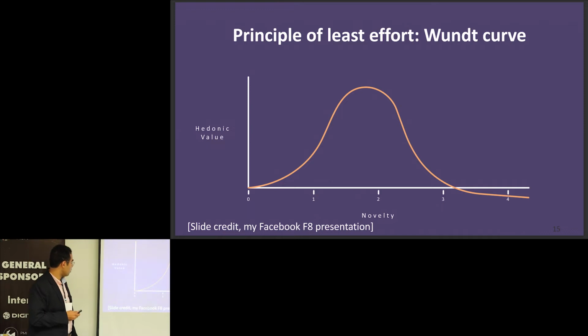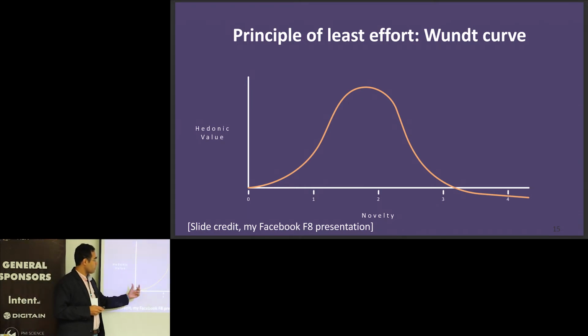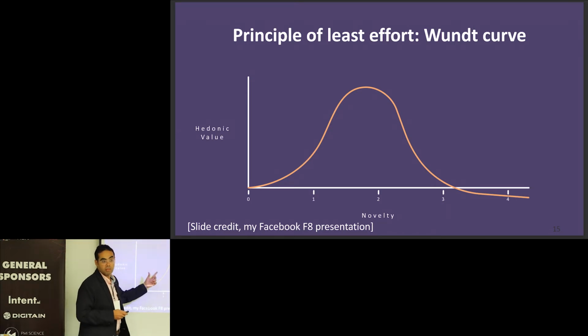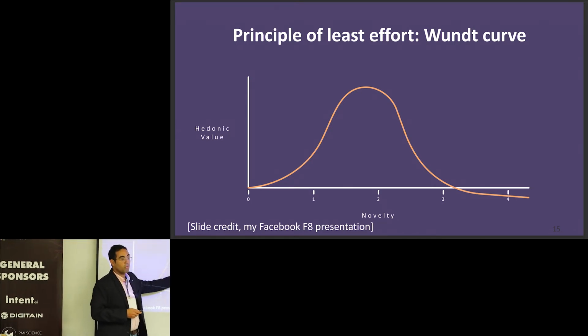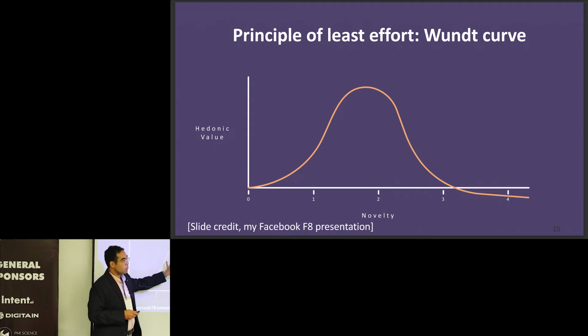This Wundt curve is by Colin Martindale. It depicts the principle of least effort, where the x-axis is novelty and the y-axis is hedonic value, or likability of an artwork. It shows that if an artwork is not novel, people may not like the work, but as novelty increases, people start to like the work more and more, but not for too long.